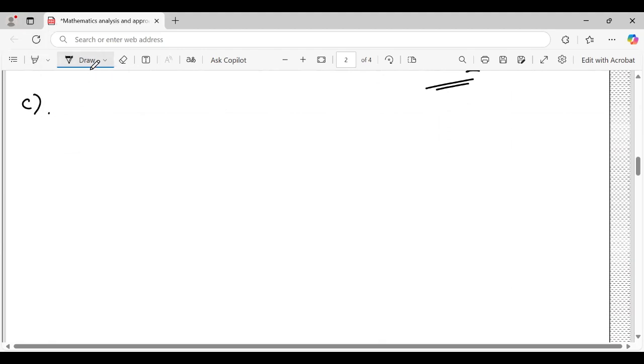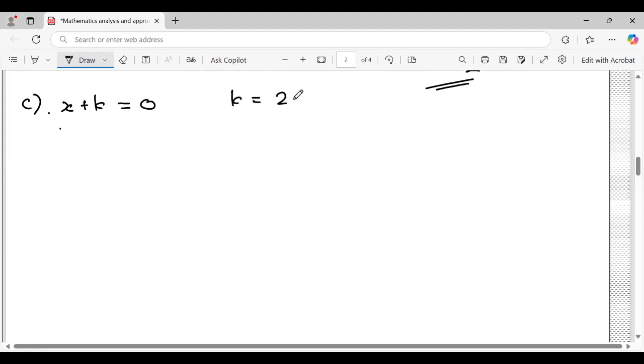The denominator of the function is x plus k. If we want to find the vertical asymptote, we have to set x plus k equal to 0. From the previous solution, we get that k equals 2.